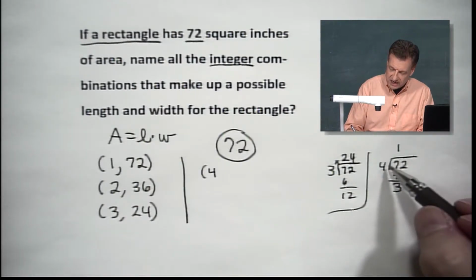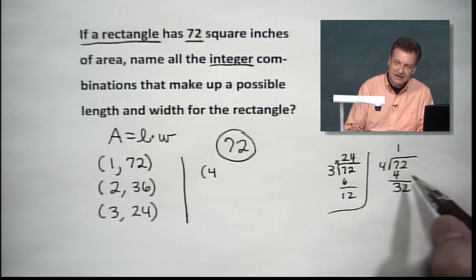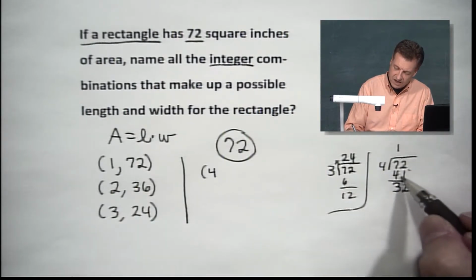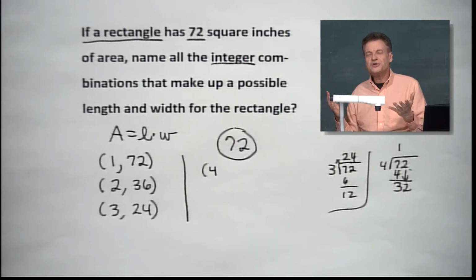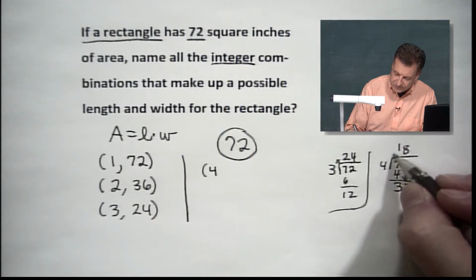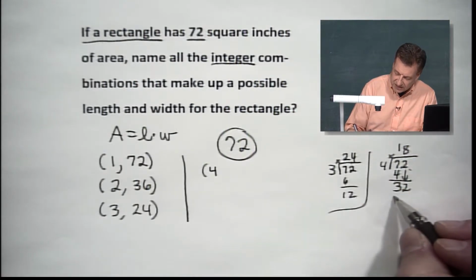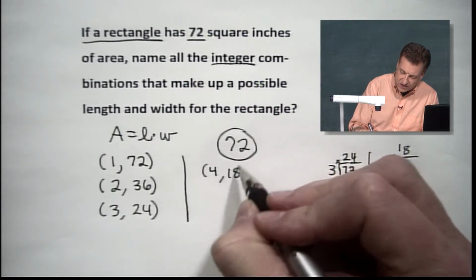Now we bring the 2 down, and we're talking about 4 dividing into 32. It goes in there 8 times, and 8 times 4 gives us that 32. So guess what? 4 and 18, another combination.